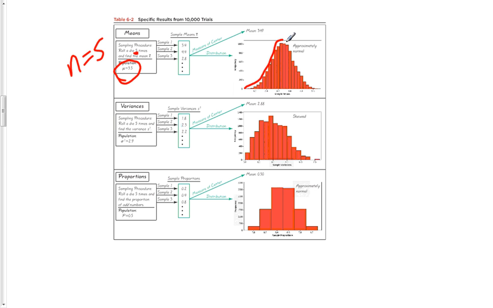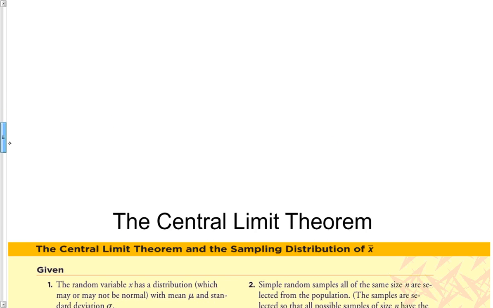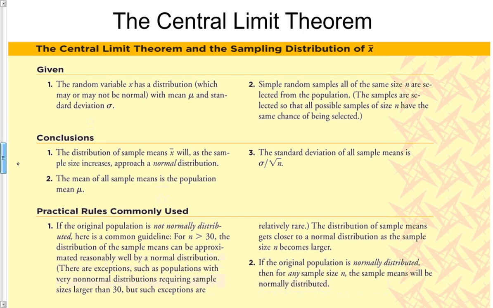So it turns out that the sampling distribution for the sample means is always going to be approximately normal. The sampling distribution for the sample variances is skewed, however. So this is actually skewed to the right, as you can see here. And the sampling distribution for sample proportions is also approximately normal, approximately bell-shaped. So that's going to be something that we're going to use when we talk about the central limit theorem.